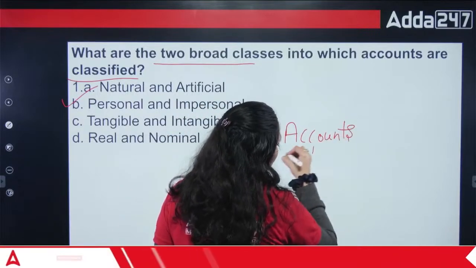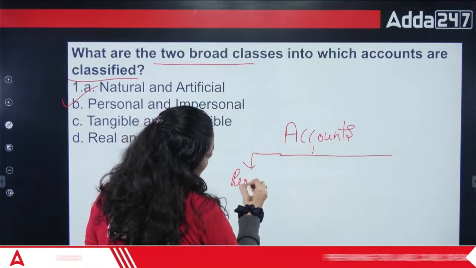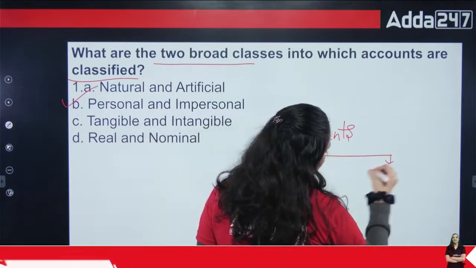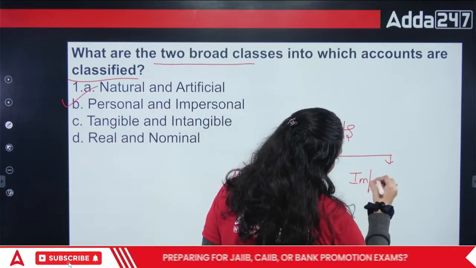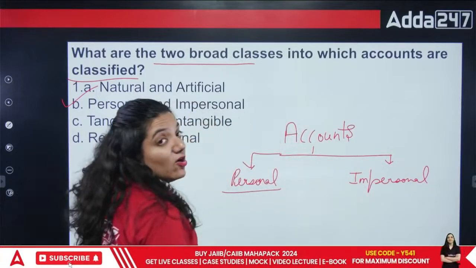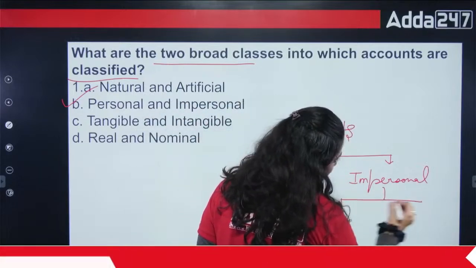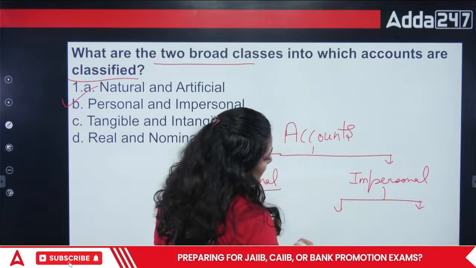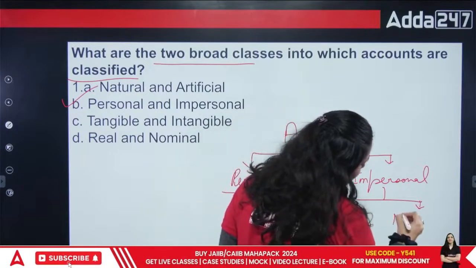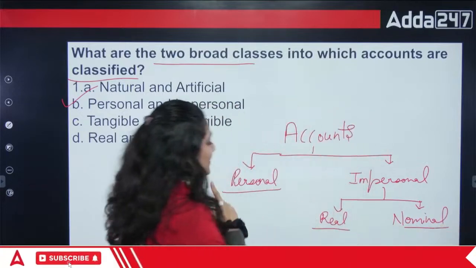Accounts can be classified as personal, and second is impersonal. In impersonal, we have real and nominal. Personal means where the names of persons are involved.